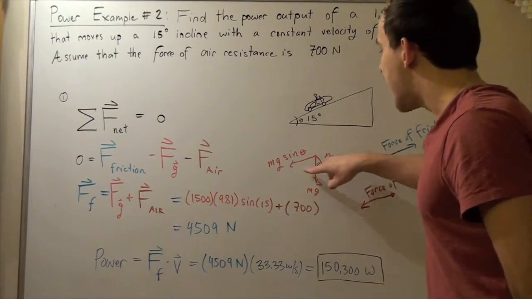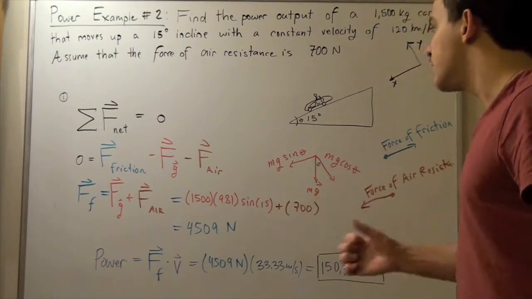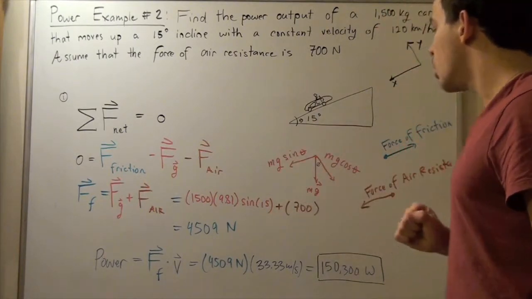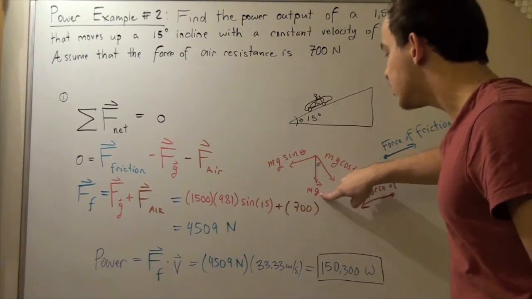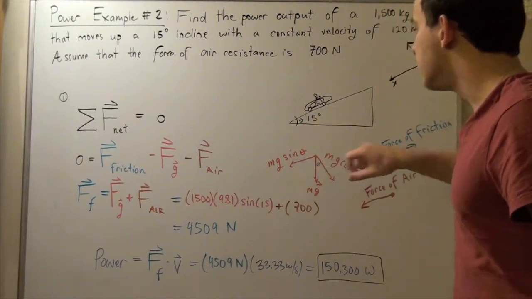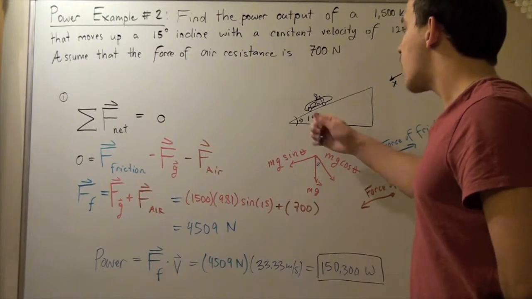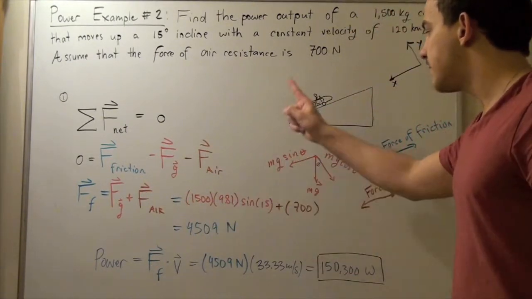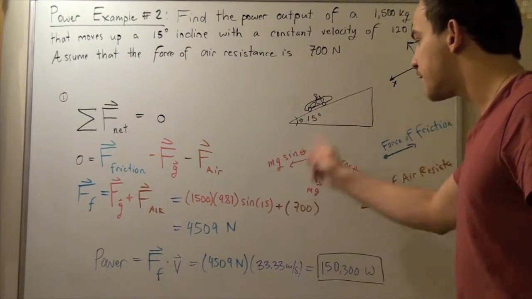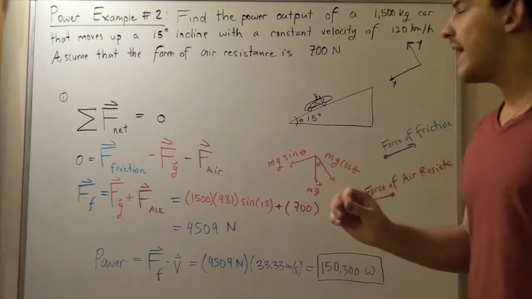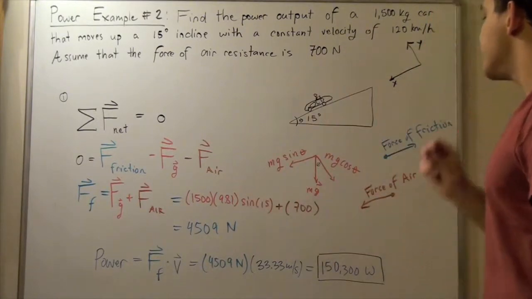So to find our force due to gravity that's pulling on our car along the x-axis, pulling downward, we simply take our magnitude, m times g, and multiply it by sine of the angle 15. So the force pulling down this way due to gravity is m times g times sine theta. So that's the first force. And let's say going downward this way is negative and going upward this way is positive.